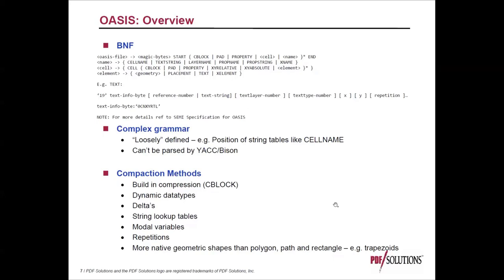Anyway, we talked about compaction methods. OASIS uses quite a lot of ways of compacting the file. One is built-in compression. They call it a C block, meaning any kind of record can be compressed using the zlib library.